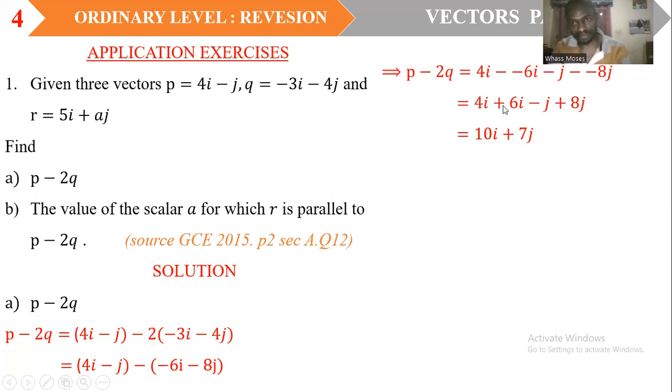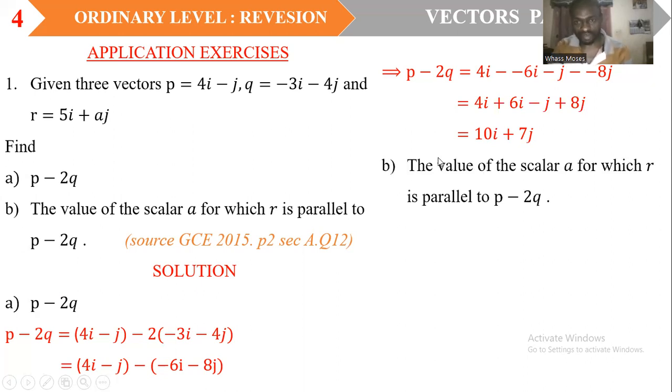And minus j minus negative 8j gives minus j plus 8j. 4 plus 6 is 10, and negative 1 plus 8 is 7j. So p minus 2q is 10i plus 7j.